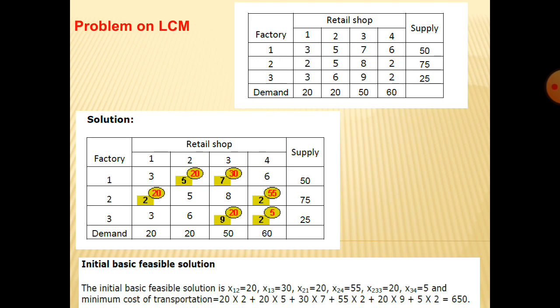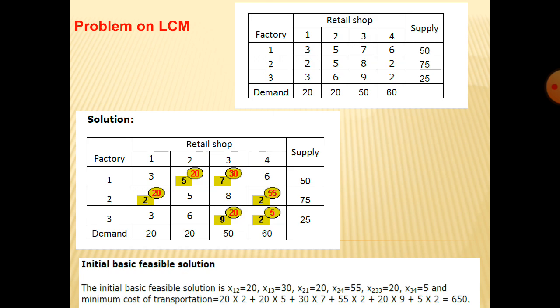In the entire matrix, find out the minimum cost. The minimum cost is for factory 2, which is 2.